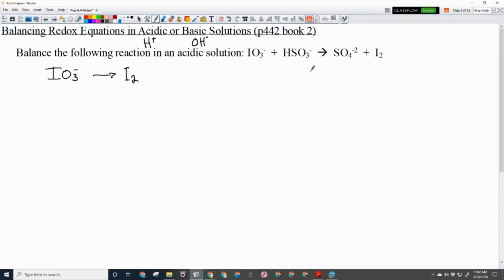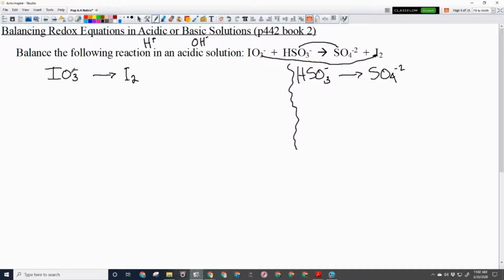And for this half equation, I'm going to have HSO3 minus going to SO4 2-. I kept these together and I kept these together in my half equation. So I'm going to draw a little line here. Okay, so let's work with this side first.